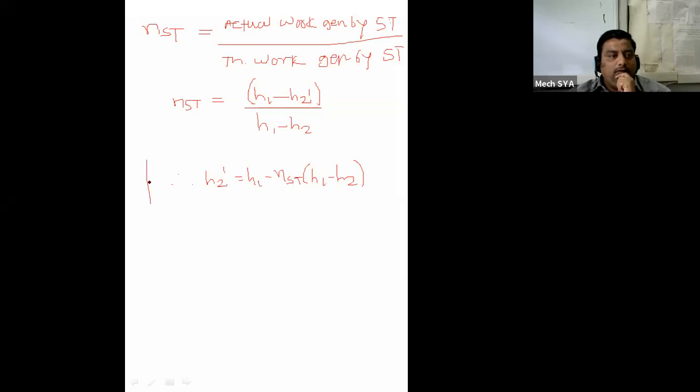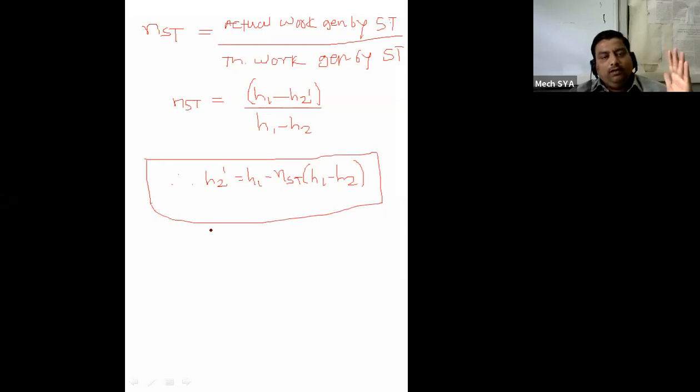Okay. Here we can calculate the H2 dash. So for this we should know the efficiency of the turbine. Then we can calculate H2 dash and H4 dash. Understood?